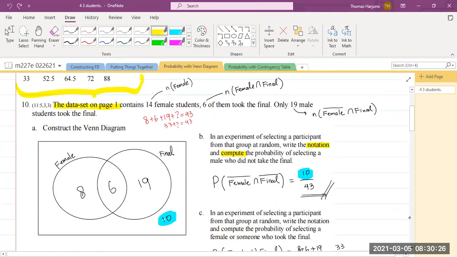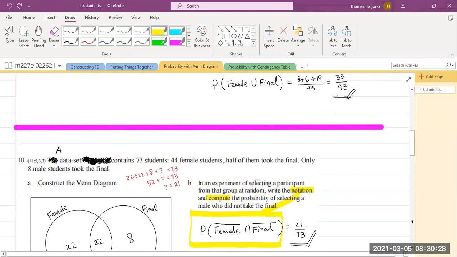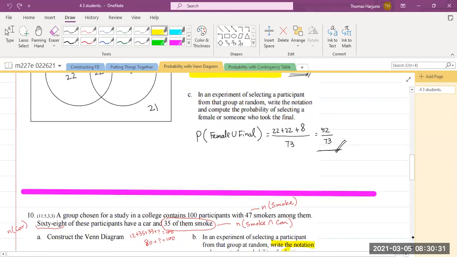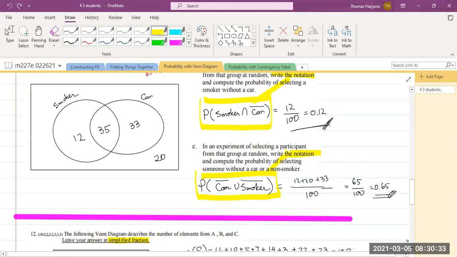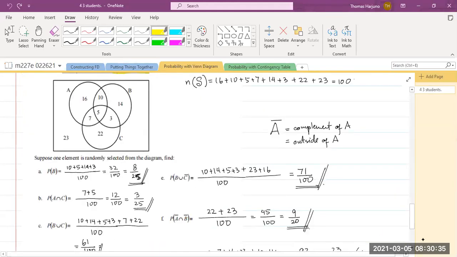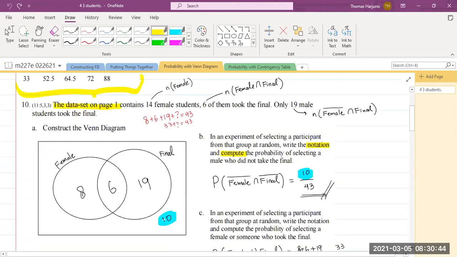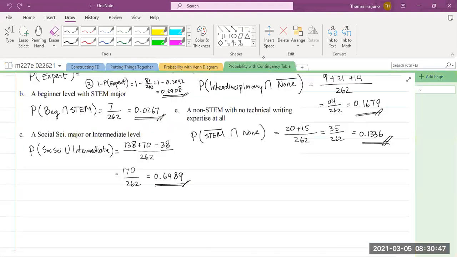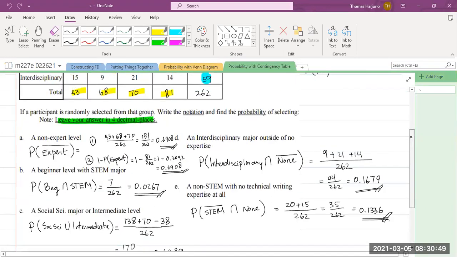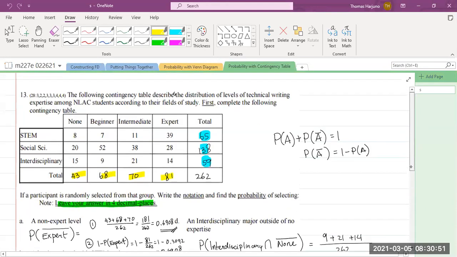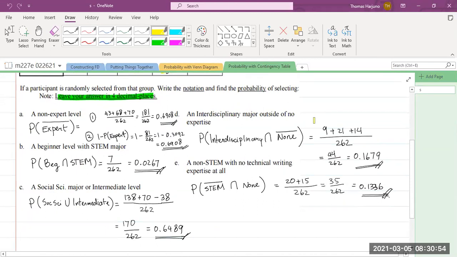We basically read it from the Venn diagram, right? And even when we have a contingency table, we did the same thing, right?